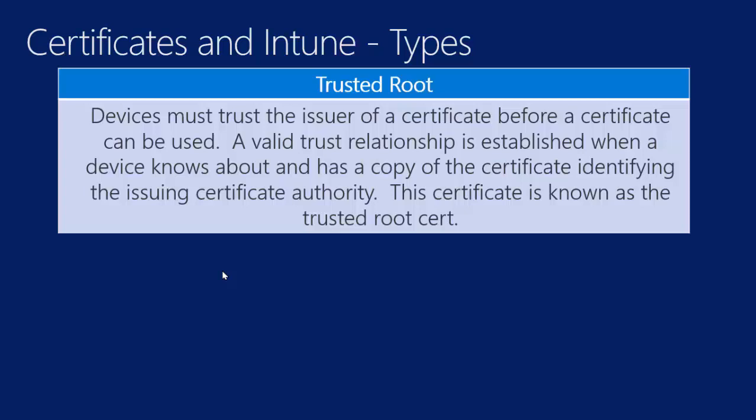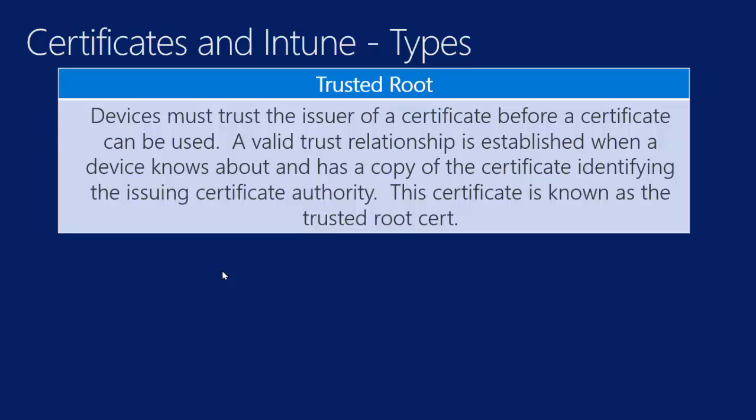Another way of saying that, you have, again, for the sake of this discussion, you have a Microsoft public key infrastructure internally. And you want to use that public key infrastructure to deploy certificates, user certs, workstation certs, authentication certs, whatever, to your devices. Your device can actually receive those certs.